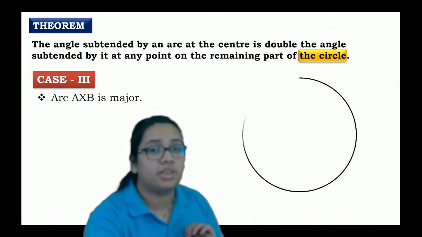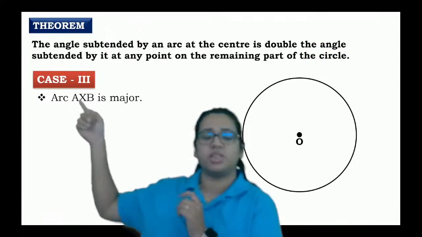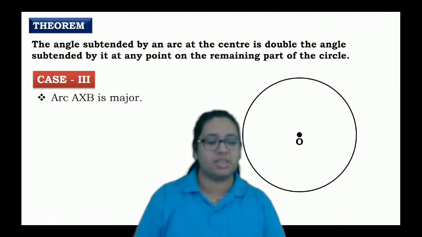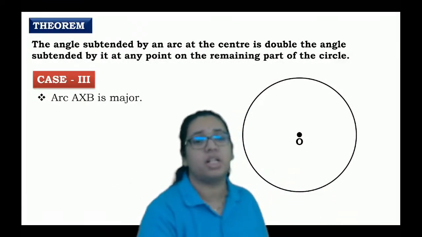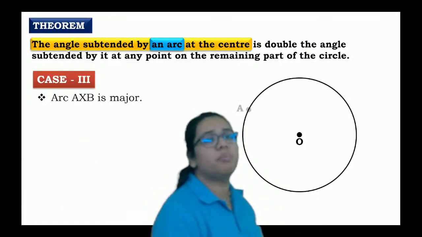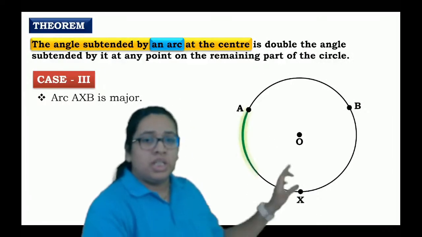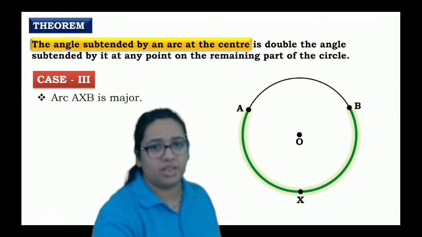Okay, and the third part we are considering: whichever arc you were going to consider, the first case was the minor arc, in the second case you considered a semicircle, and the third one is that AXB is a major arc. Suppose AXB is an arc here.